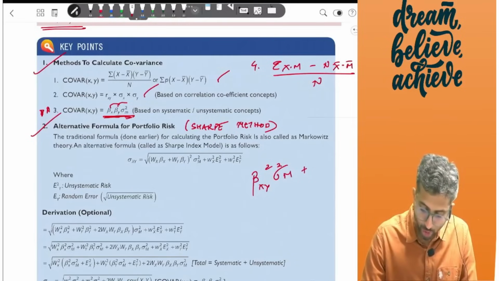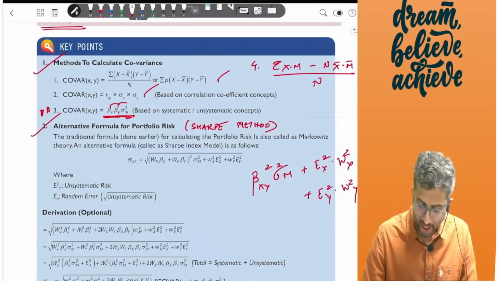Plus you will look at unsystematic risk, let's say the error term of X, into the weight squared of X, plus the unsystematic risk of Y into the weight squared of Y, and square rooted.